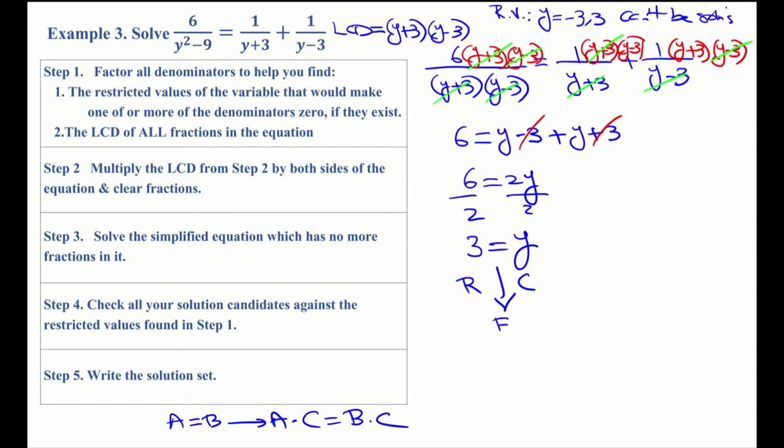So that means, how many solutions does this equation have? Did you say none? You would be correct, okay? So here we'll say the solution set is empty, because remember, there was only one solution candidate, and that one we can't use. So therefore, we have no solution. So we put solution set equals empty.